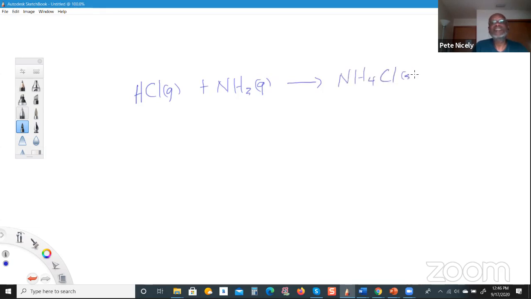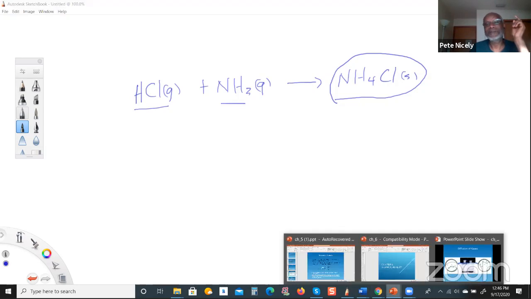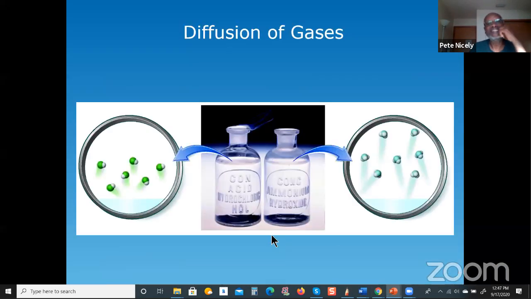So the smoky substance that you see at the mouth of the hydrochloric acid is due to the formation of ammonium chloride as a result of the reaction of these two gases coming from each of the concentrated solutions. Now, here's my question to you, and I want you to think about this carefully. Why is it that the ammonium chloride is formed at the mouth of the hydrochloric acid and not anywhere near the mouth of the ammonium hydroxide?